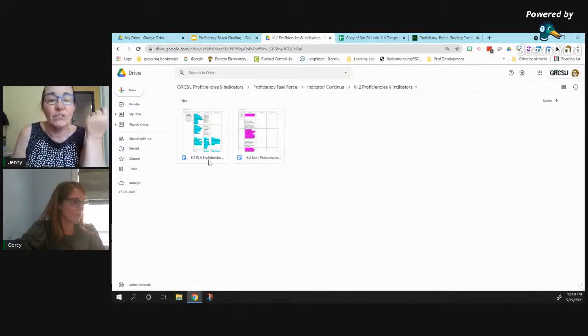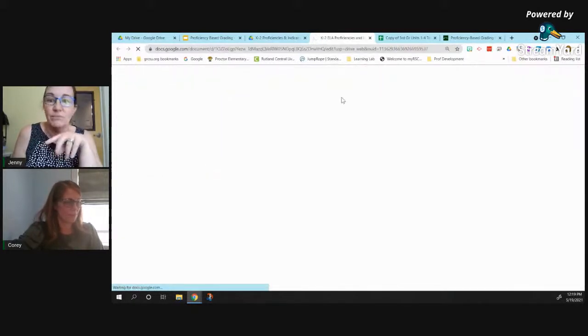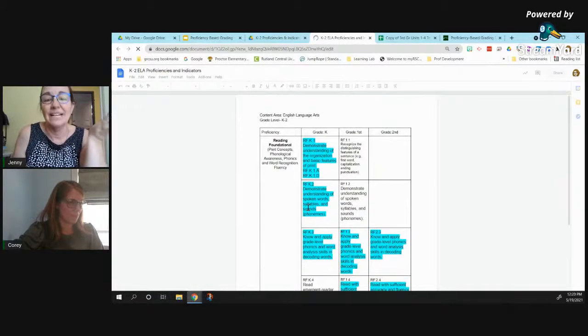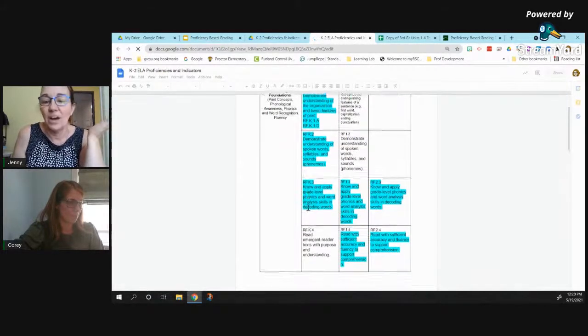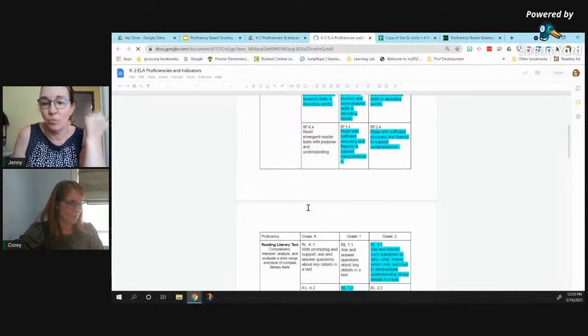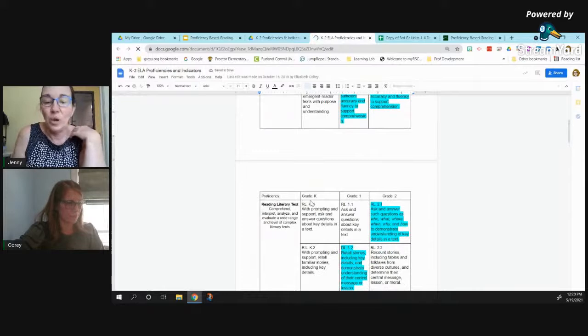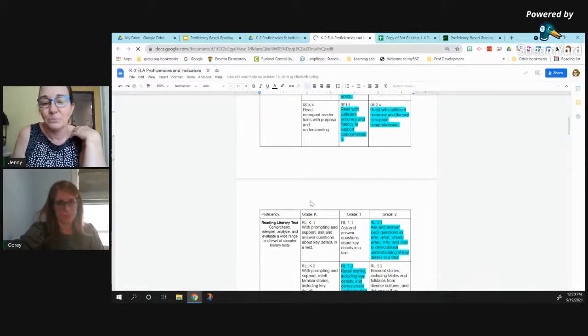And for those of you that are doing jump rope right now, this is the perfect place for you to go, because you can see those standards that are highlighted are the ones that you can include in your jump rope. But this is a great place to go and see exactly what colleagues have worked on together to decide, as of right now, what standards to be looking at.